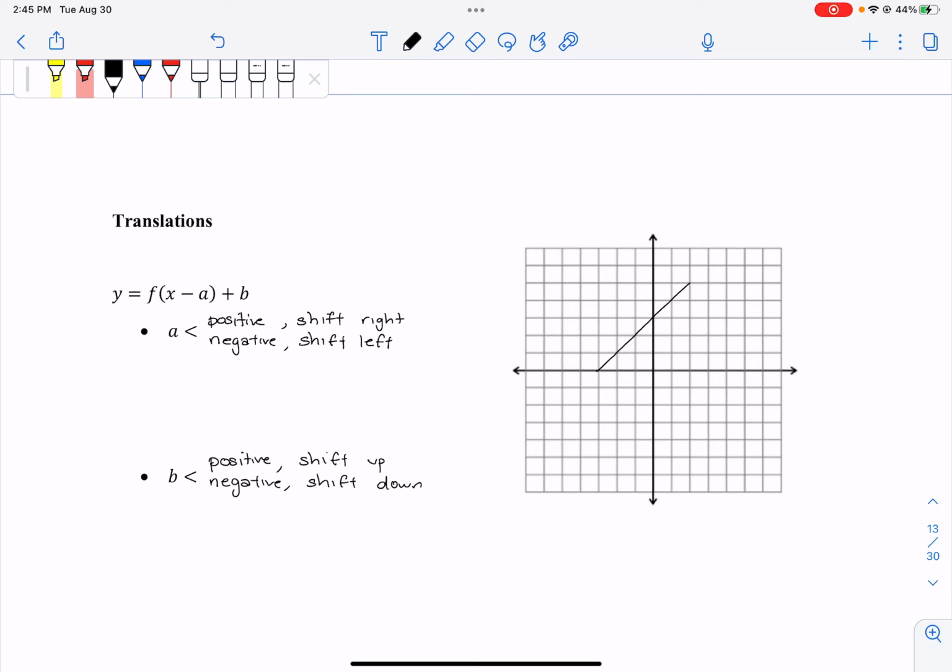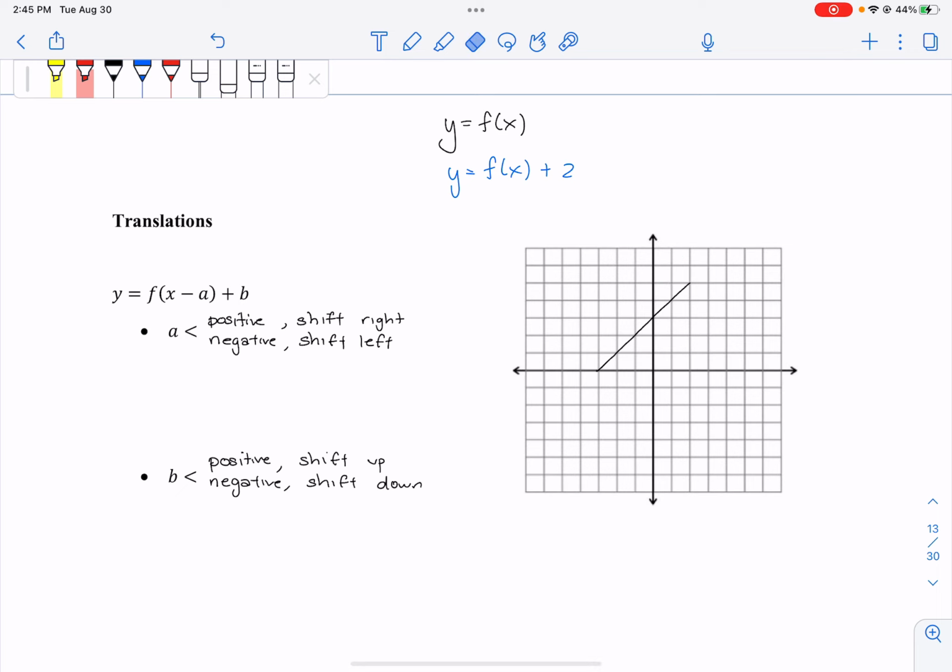If that's y is equal to f of x, then what is y is equal to f of x plus 2? Well, the b is positive, which means we go up 2 then. So every point goes up. 2, 2, 2, 2, 2, and 2. Boom. That's my new function.